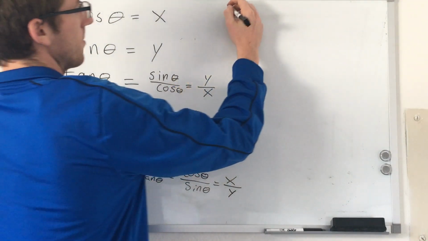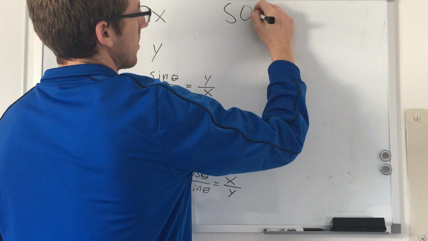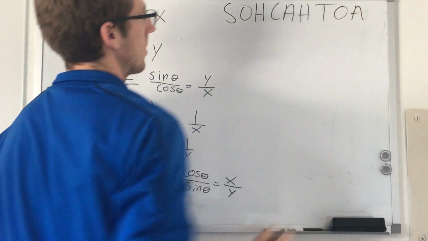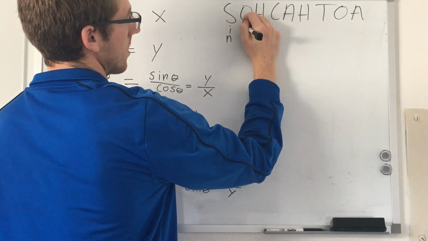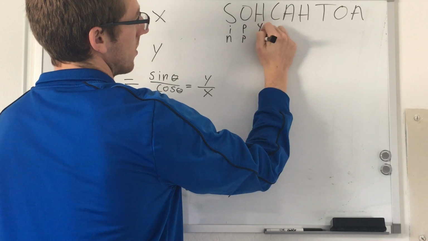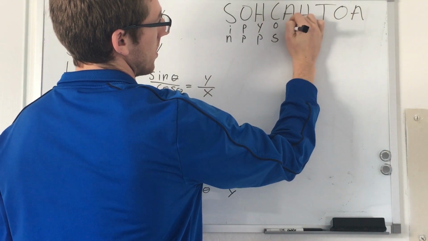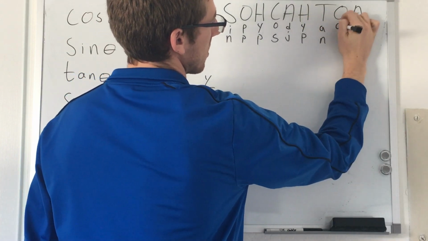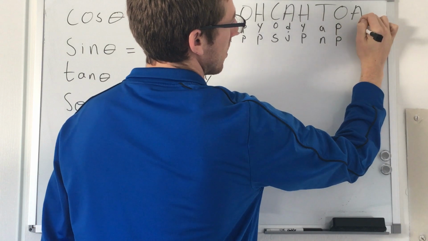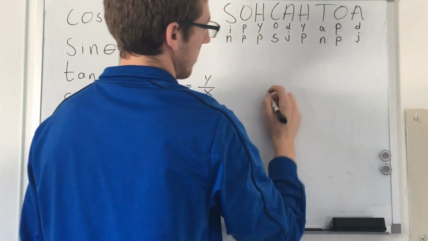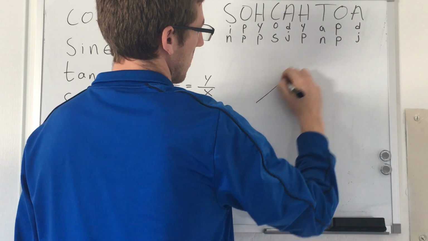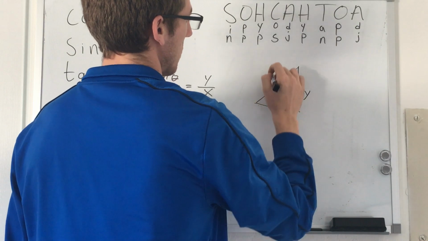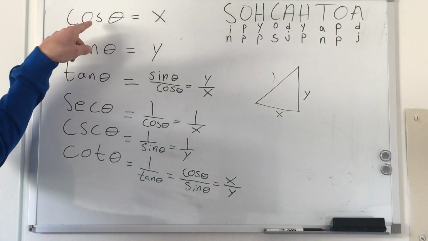So maybe some of you remember SOHCAHTOA. Sine is opposite over hypotenuse. Cosine is adjacent over hypotenuse. And tangent is opposite over adjacent. Well, let's draw a triangle again to make sure it all makes sense. x, y, call it 1.